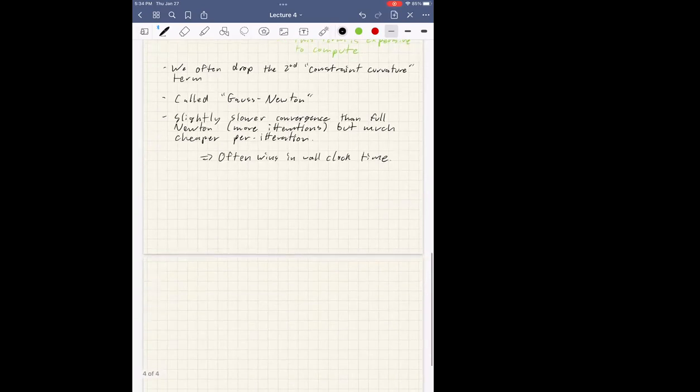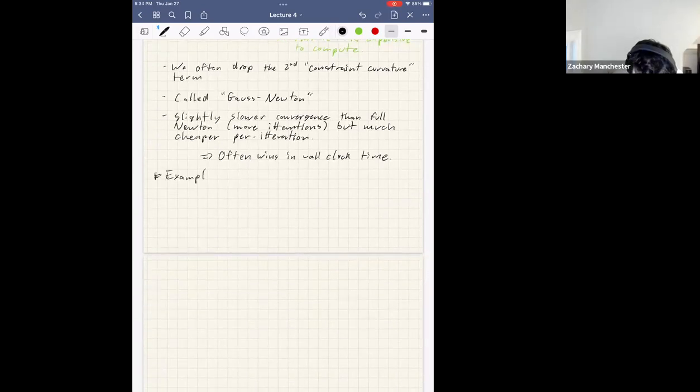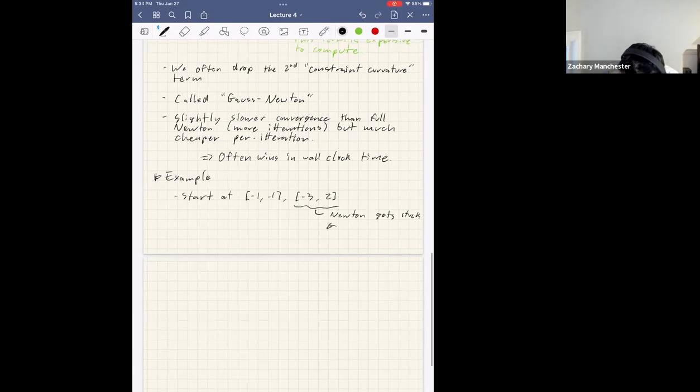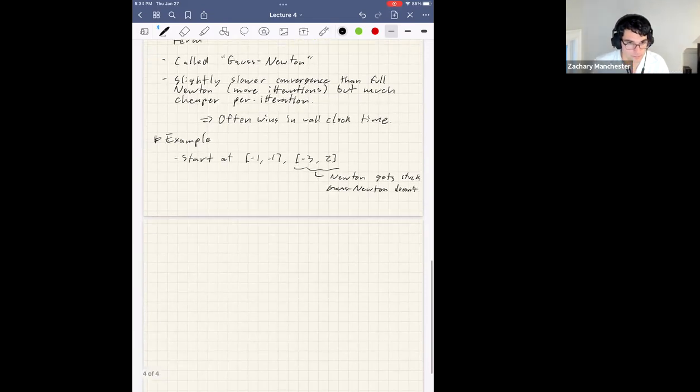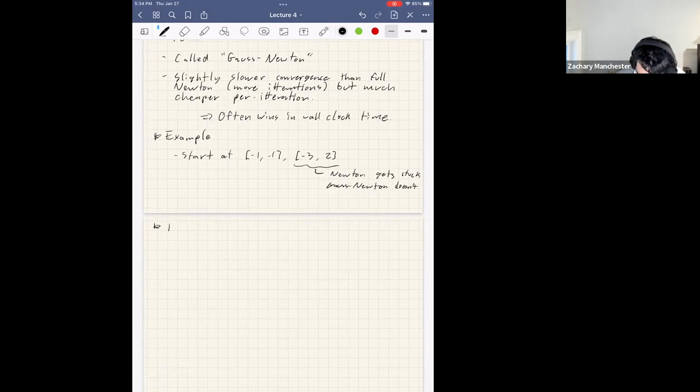Thank you. Okay, so just to summarize the example which you'll have the code for, we started at a couple different points, like -1, and then -3, 2, and then this one, you didn't get stuck. Gauss Newton doesn't. Okay. And then just takeaway notes.